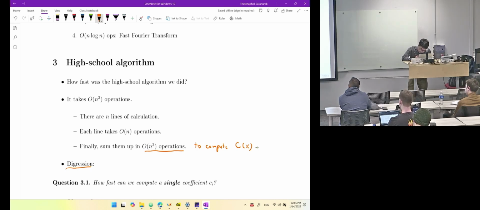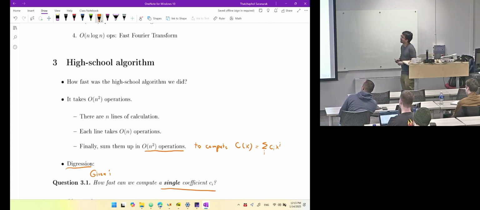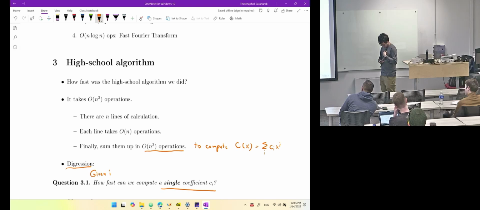So c is the sum of ci x to the i. Suppose that I'm given just one fixed i. How fast can you compute ci? Just one ci.